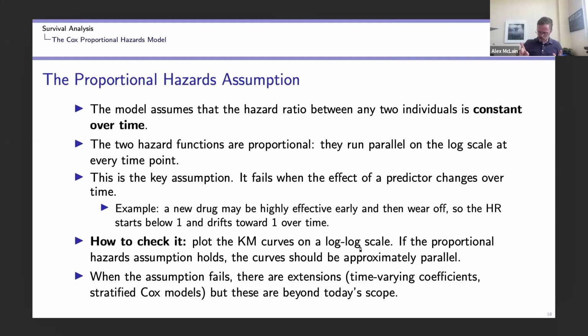There are some assumptions to the proportional hazards model, mainly the proportional hazards assumption. So interesting story here. There was a lawsuit in 1993 brought against Pfizer. Obviously, we know Pfizer, big company, in terms of a heart valve implant that was made by Pfizer. And it was noticed that there was some failure in this heart valve implant that was happening at a higher rate than competing heart valve implants.